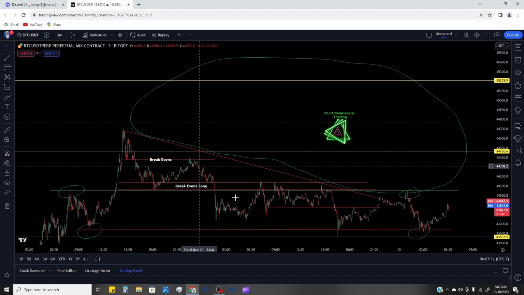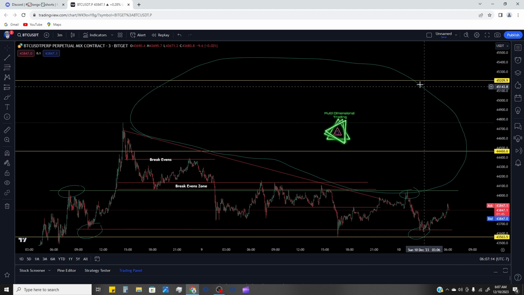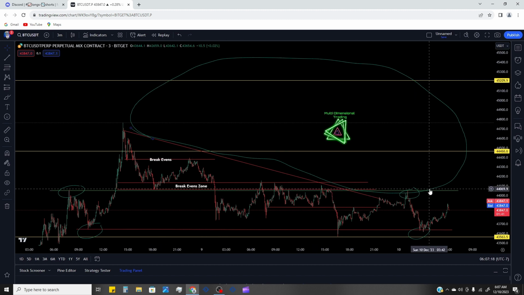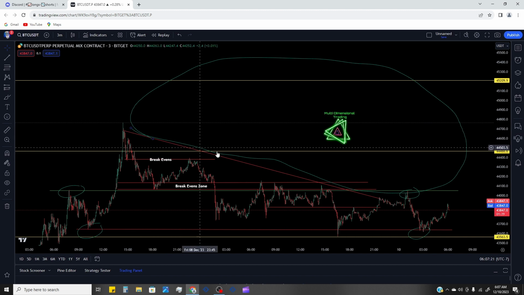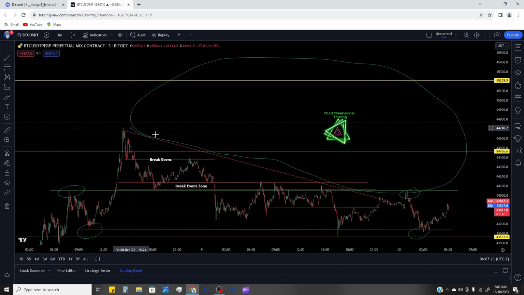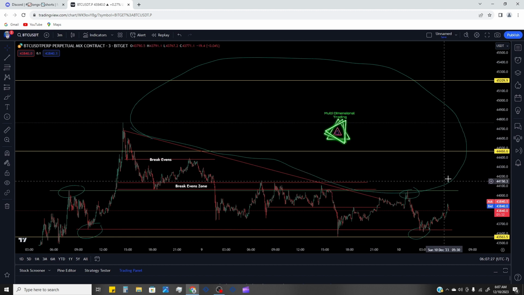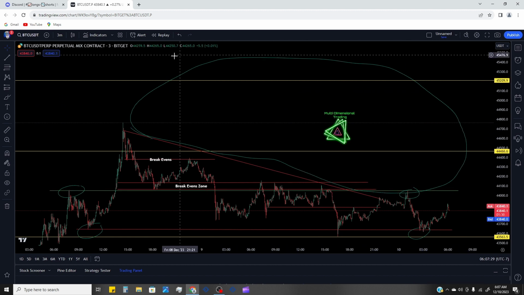It does not have to go there, but if and when it does, we know where liquidity is. I draw the horizontal line from this high to this high. I draw my bubble basically along the line.